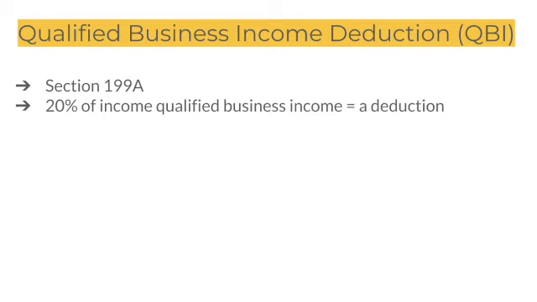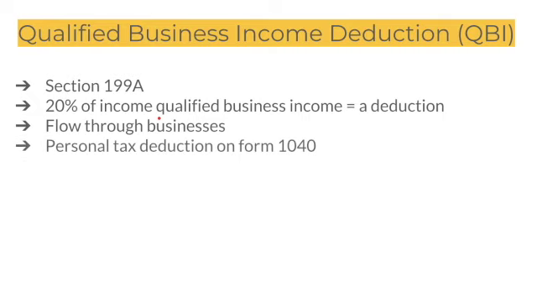You get 20% of qualified business income as a deduction. It's for flow-through businesses, so it has to be business income, but this deduction is not a business deduction. It's on the personal Form 1040. So it was a little weird that they mentioned it here.